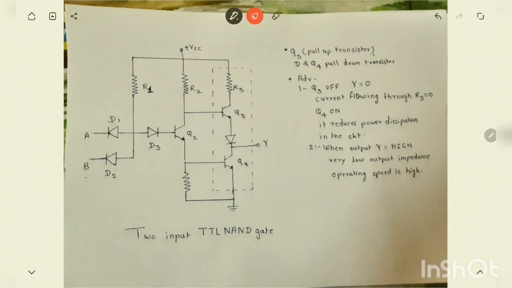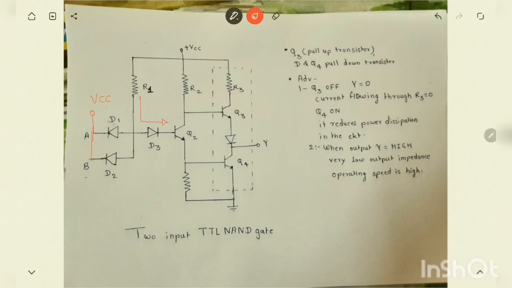But suppose both inputs are connected to VCC, meaning both the inputs are high. In that case, diode D3 is forward biased. As diode D3 is forward biased, Q2 conducts, and forward current is applied to the base of transistor Q2 via resistance R1.